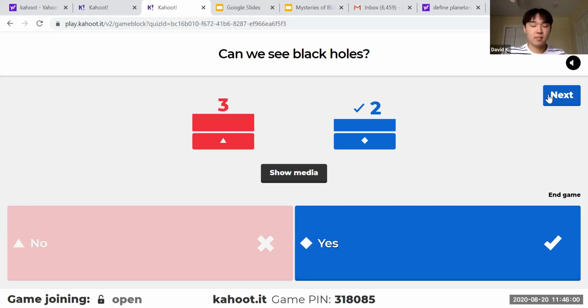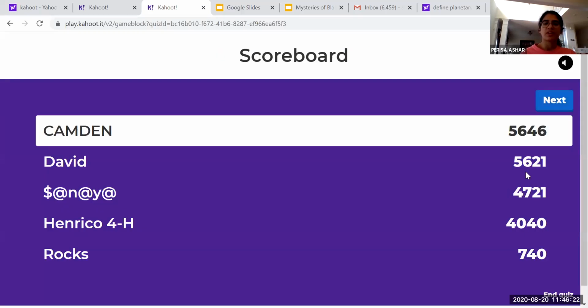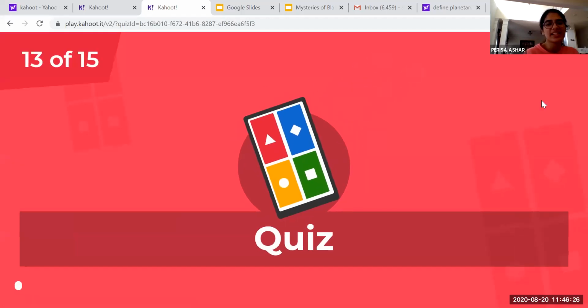As we saw in that picture, a graduate MIT student developed a code where we can actually visualize black holes through telescopes. This ultimately proved Einstein's prediction that black holes do exist in our universe. So that was a tricky question, but good job, Sanaya and Henrico, for getting that correct.